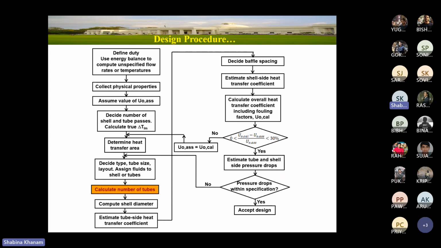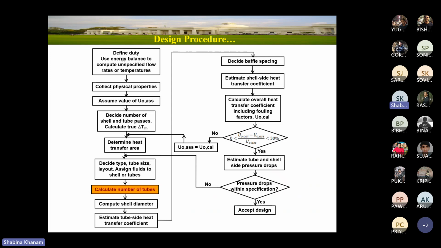Another point to keep in mind: the length you are considering for the tube is the whole tube length. From two sides, a certain part of the tube length will be inserted in the tube sheet at both sides.